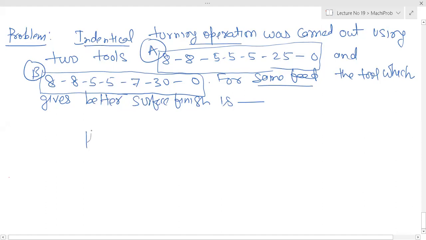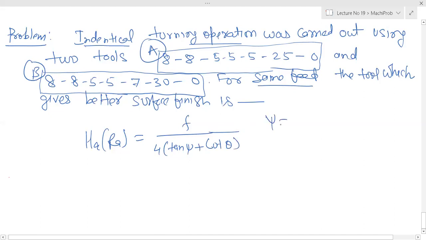We have already discussed that HA or RA is equal to feed divided by 4 times tan psi plus cot theta.